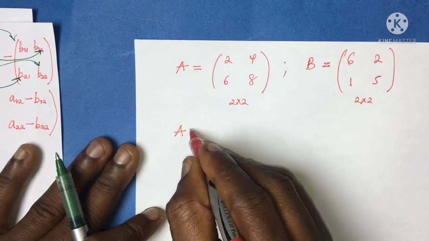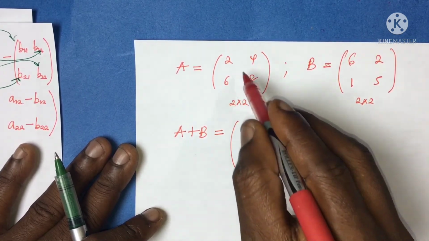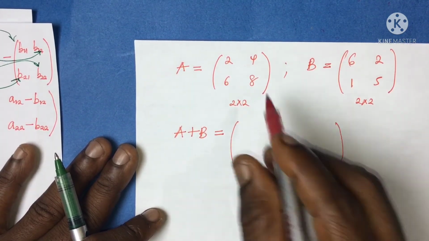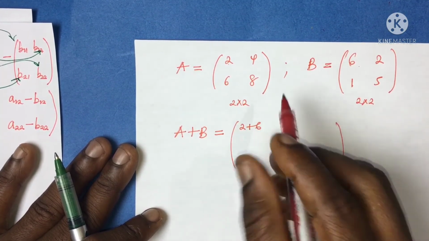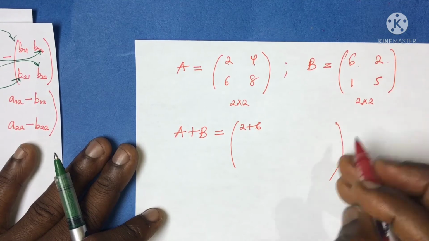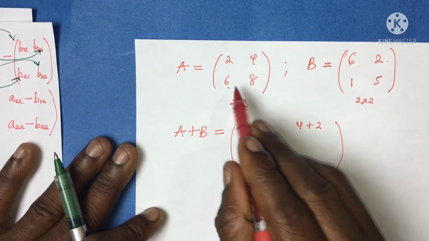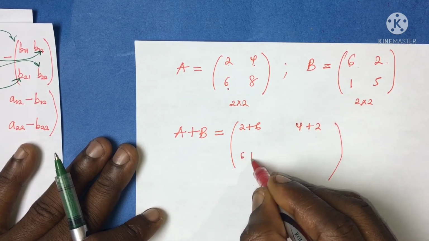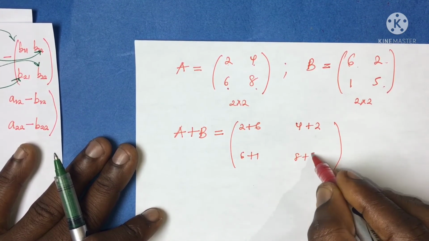So if I'm required to produce A plus B, all I'll do would be to add the following. I would add 2 to 6 and that gives me 2 plus 6. I'll add 4 to 2 and that will give me 4 plus 2. I will add 6 to 1 and that will give me 6 plus 1. I'll add 8 to 5 and that will give me 8 plus 5.